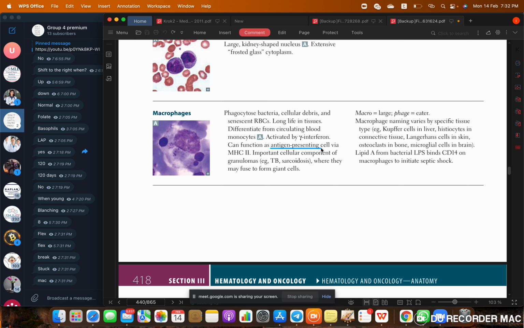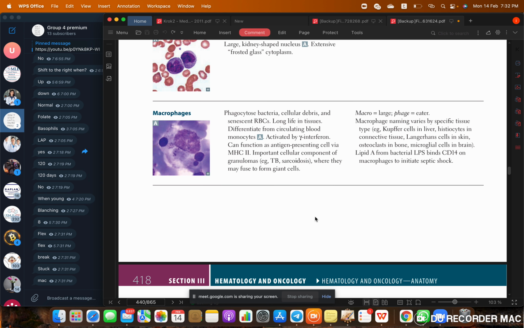It can function as an antigen-presenting cell via MHC class II, and we know that only a few cells have MHC class II, only the antigen-presenting cells, which include B cells, dendritic cells, and macrophages. They are also an important cellular component of granuloma formation, like TB or sarcoidosis, where they may fuse together to create giant cells.